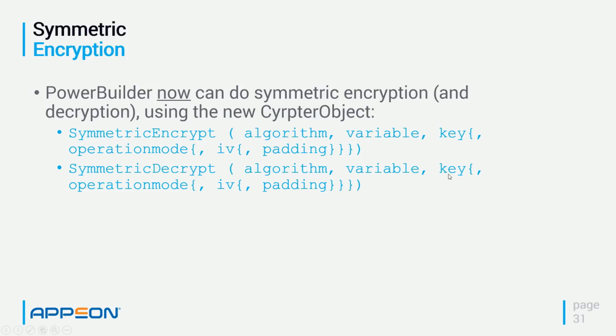It's the same value for both encrypt and decrypt. That's why this is called symmetric encryption, because it uses the same key for both. And then these next three arguments all depend on which algorithm you're using. Some of them require an operational mode, some of them require an IV, some of them require padding. Basically, you need to look at the help and see that, for this particular algorithm, which of those you need to provide.